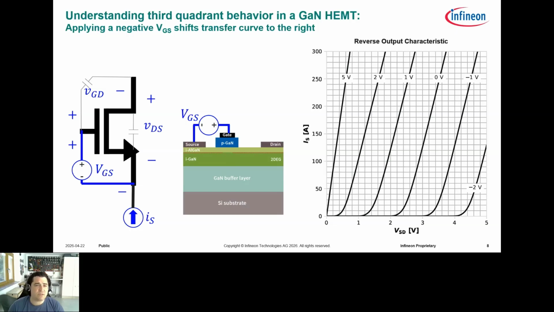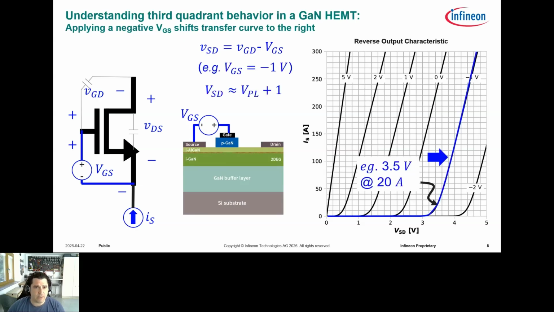If you did this with a silicon or a silicon carbide MOSFET, nothing would really change. The body diode would still conduct with the same voltage. But here, you're making it a little bit more difficult for that current, because now that current, let's say 20 amps, is going to charge up the VSD and VGD, but the VGD is going to have to get a little bit higher to reach its threshold because it's going to have to overcome this -1 volt.